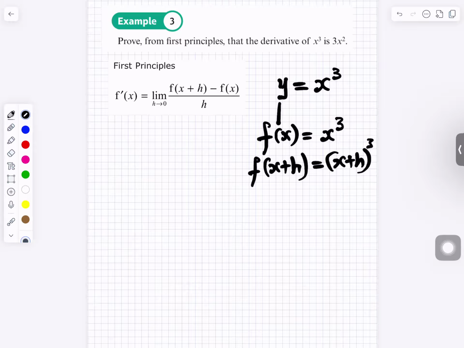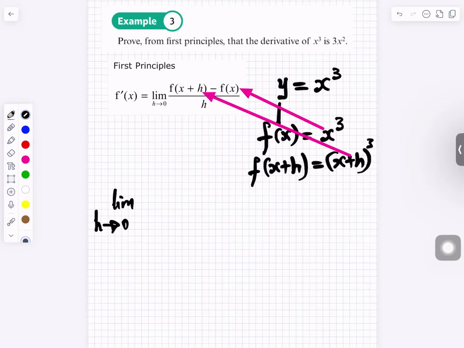Now you start to substitute in the formula. You will substitute f of x, which is this x cubed. You will substitute f of x plus h, which is that there. So you will write it as the limit as h tends to 0. That means h becomes very small.